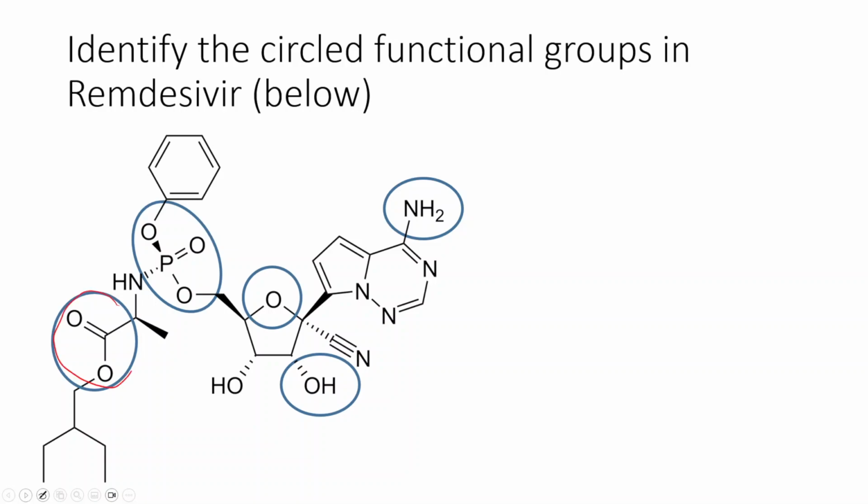This one on the left, this whole thing, can anybody tell me what that is? An ester. And just as a review, can anybody tell me what just the C double bonded to O is called? Carbonyl.